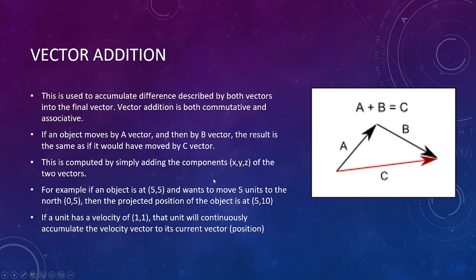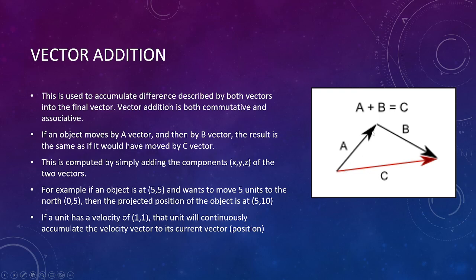Vector addition is used to accumulate the difference described by both vectors into a final vector. Vector addition is both commutative and associative. What does that mean? You don't really have to care where the placement of our vectors are. You can place them anywhere. So if an object moves by vector a and then by vector b, the result is the same as if it had moved by vector c.